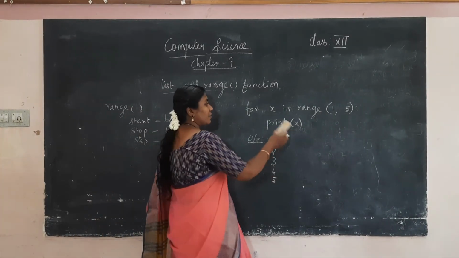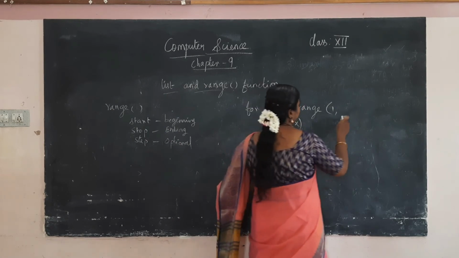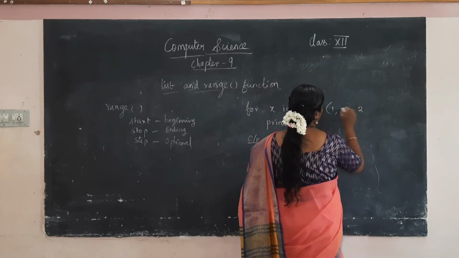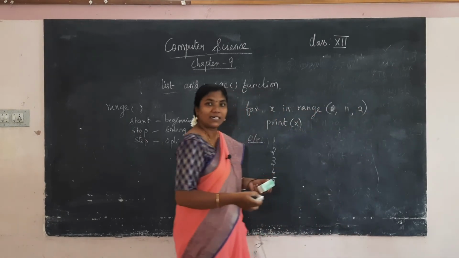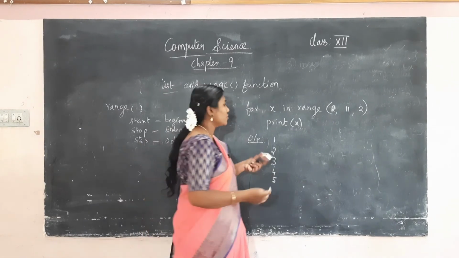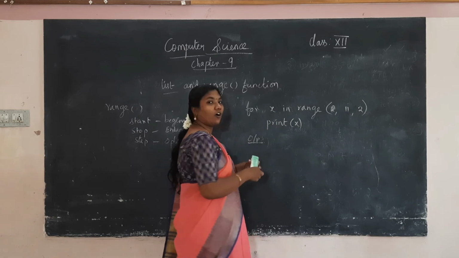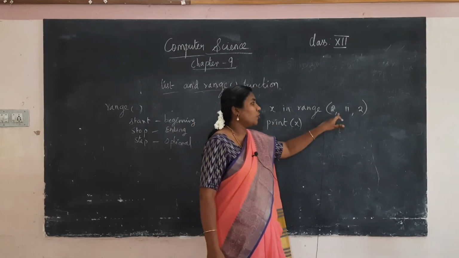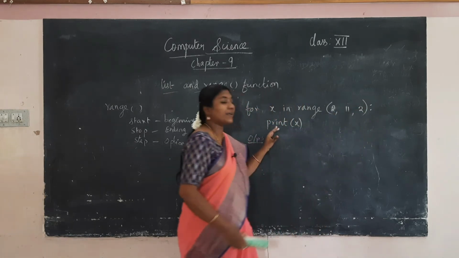Next, if I am using the step value, suppose I am having here up to 11, 2. Let me start with 2 and the step value. If I want to print the even numbers, then it must start with 2, is it not? So I am giving print x. So for this Python code, for x in range 2, 11, 2, here I have to keep a colon and then print x.